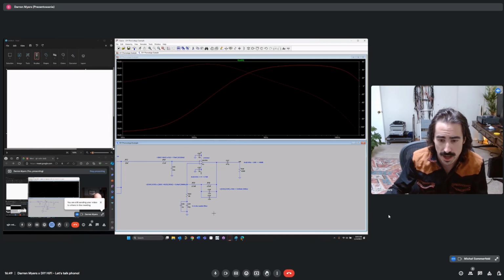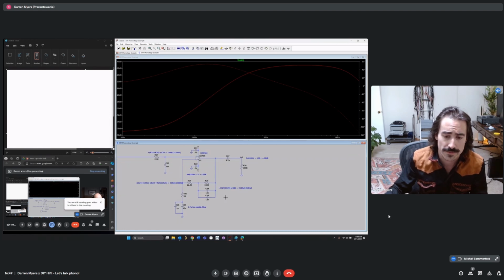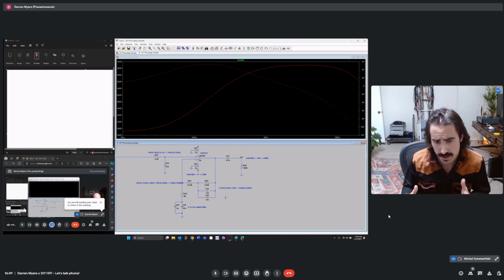I'm going to describe what the components do and how to calculate this, but I want to preface that there are a lot of variables in this, and changing amplifiers alone may change the curve a little bit due to the parasitics of the amplifier, like its input capacitance.